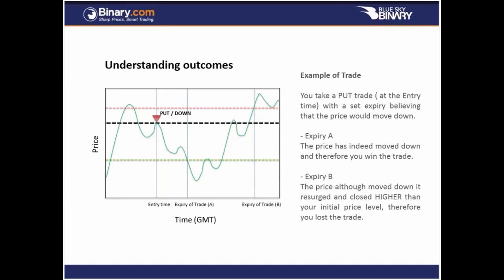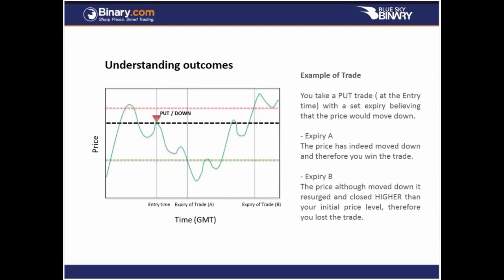It goes down and down. And at the green line, we have the expiry. So in this case, we went for a put trade, and the price went down. So the price closed on a lower position than our initial entry price. So therefore, in this case, we have won the trade.